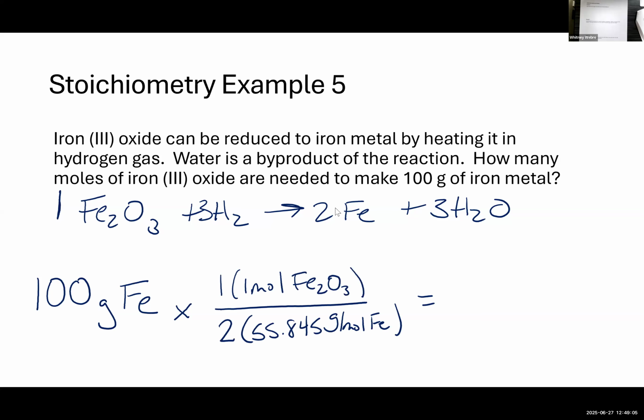We made them equal to each other before I erased it. All we have to do is figure out which one goes on top and which one goes on the bottom. It's asking about moles of iron oxide, so that's why it will go on top, and that way the grams of Fe will cancel on the bottom. So I got 0.895 moles.